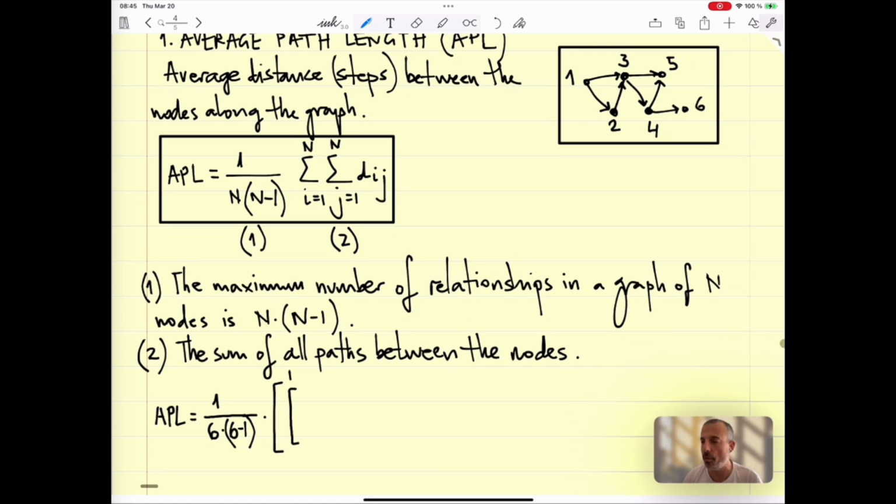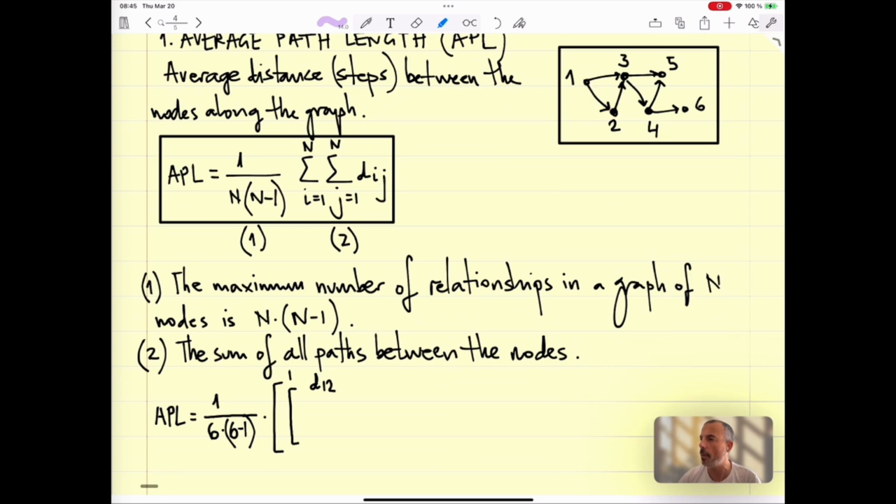I'm going to repeat, do not write right now, okay? Just look at the image. So what is the distance between node 1 and node 2? The distance between node 1 and node 2 is 1 step, okay? Look at the upper right corner.